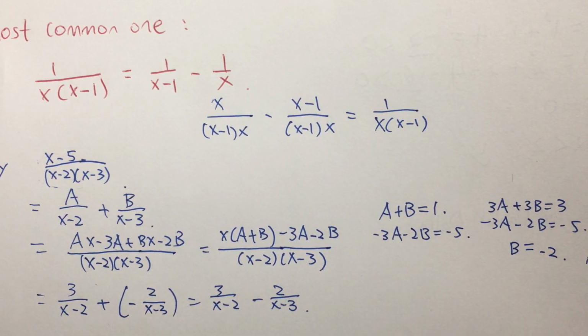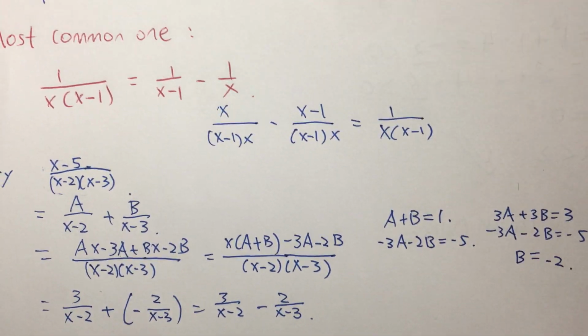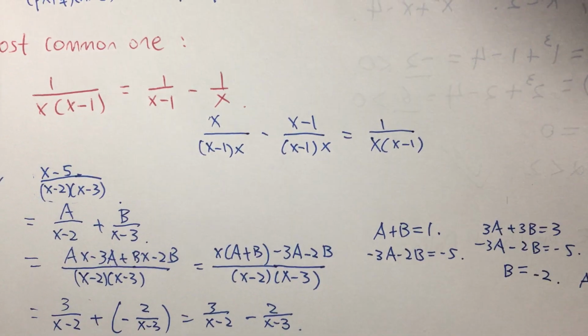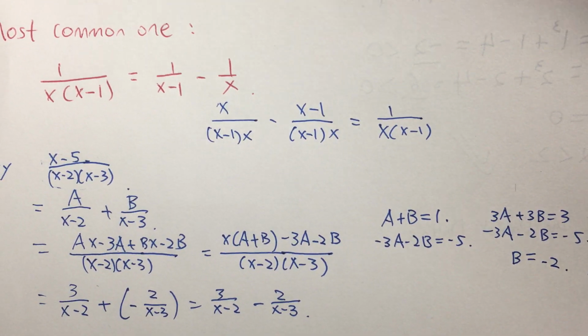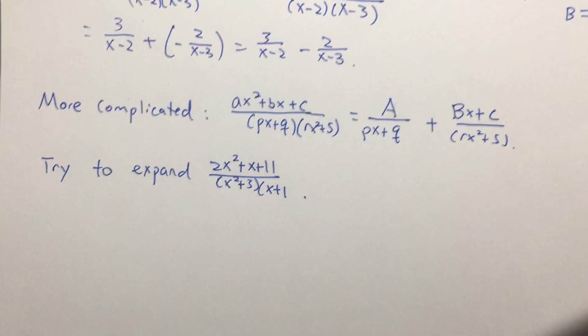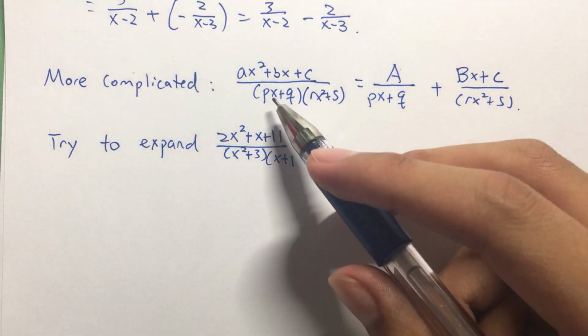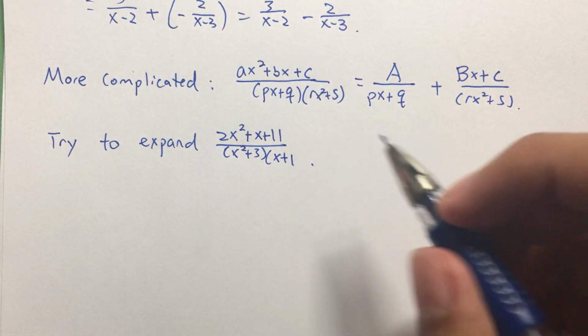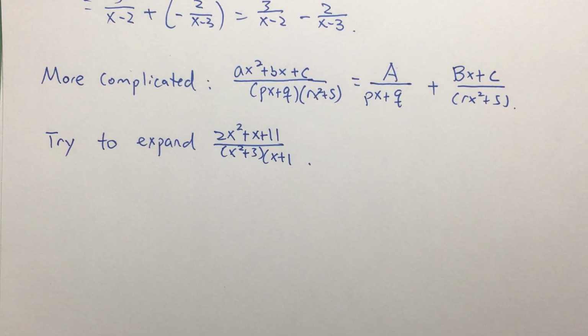I have a very interesting question at the end of this video. But let's try to do some more complicated ones first, where we have a quadratic up here and a cubic on the denominator.